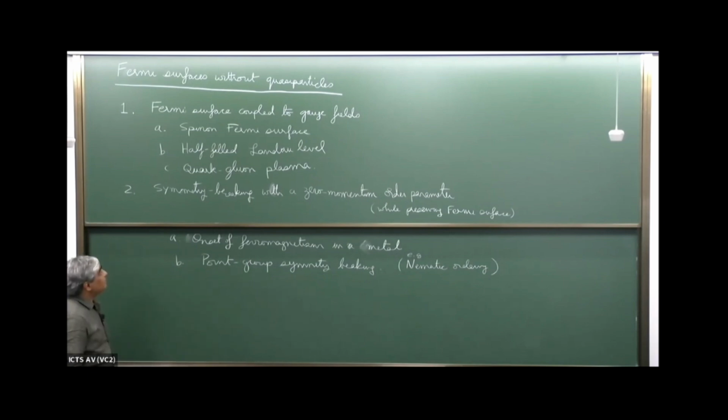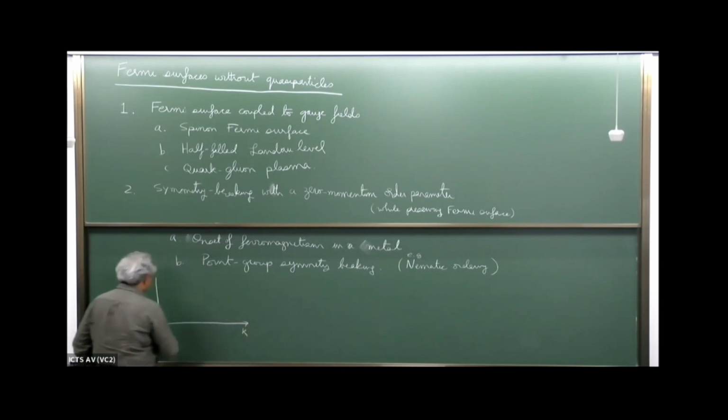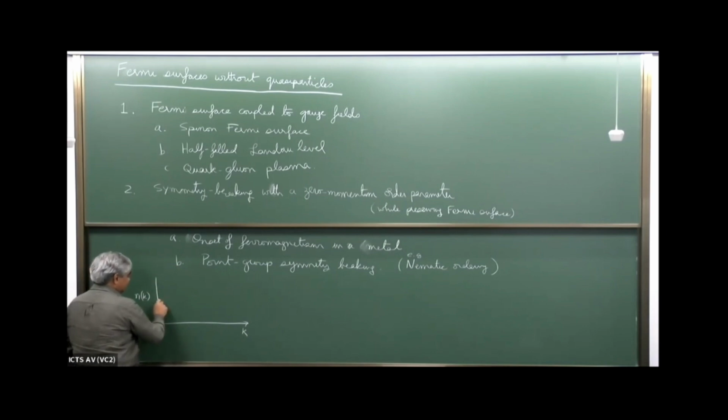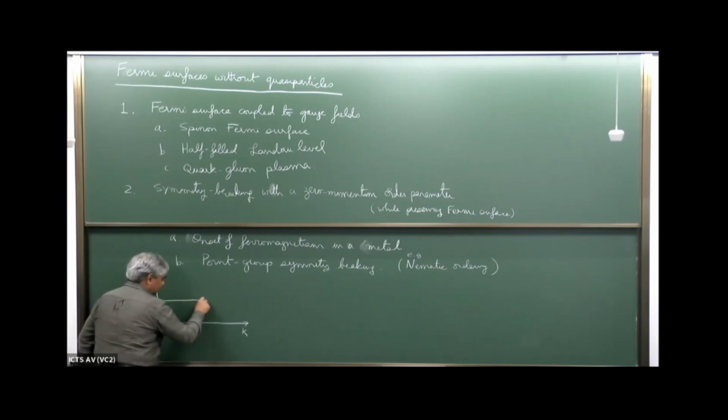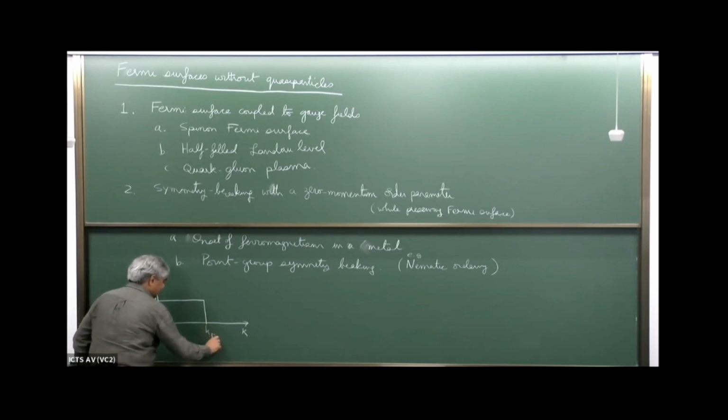Okay. So let me just begin by saying, what do I mean by a Fermi surface without quasiparticles? So, when we start out with a free electron gas, then we learn about the momentum distribution function. You compute the momentum distribution function, and for a free electron gas, it's 1 below the Fermi wave vector and 0 above it.